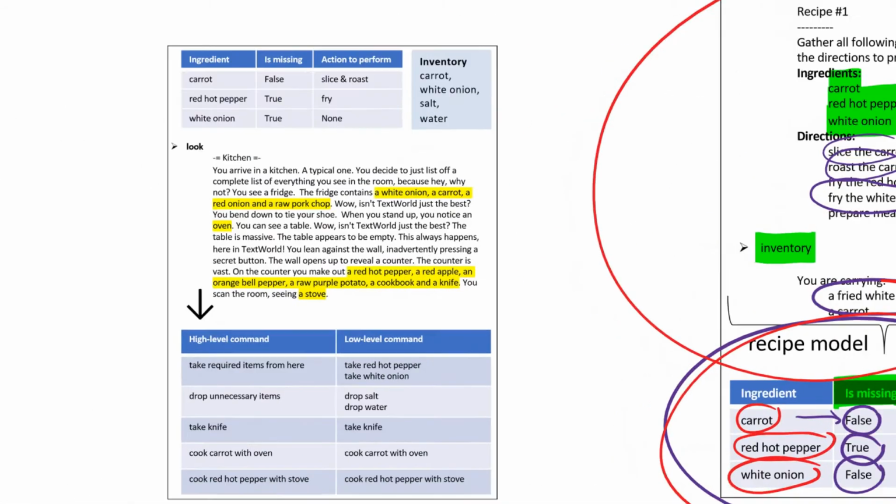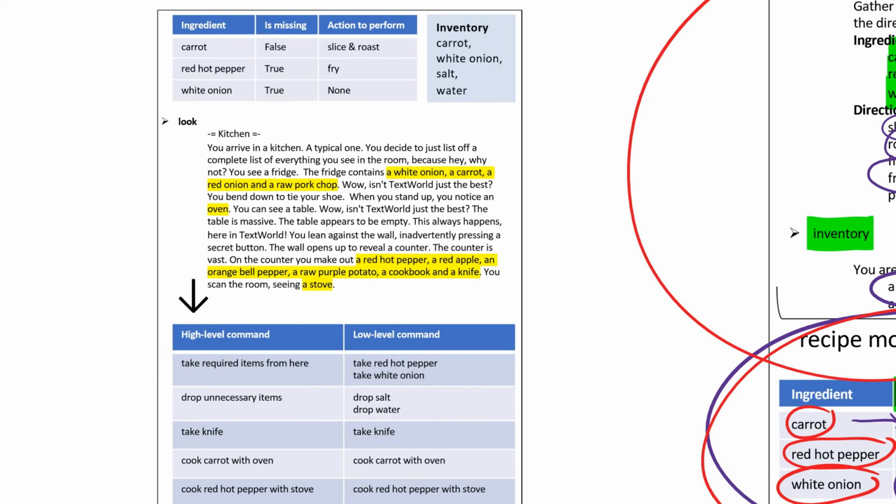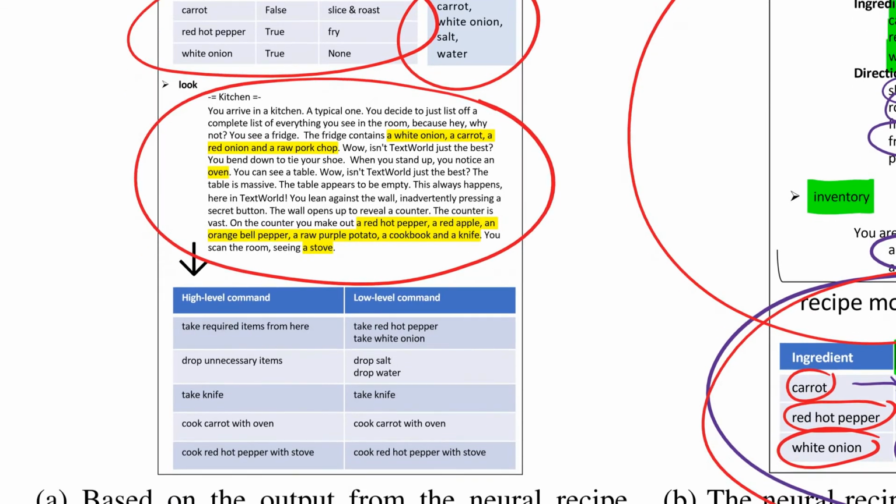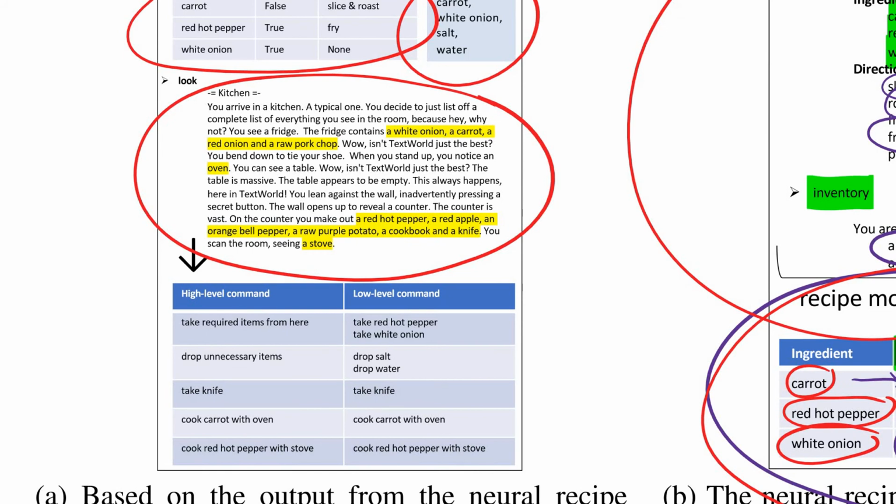Here you can see how this is then used. So by combining this table that was output from the recipe model, your inventory, and the output of this look command, you can then generate these commands.